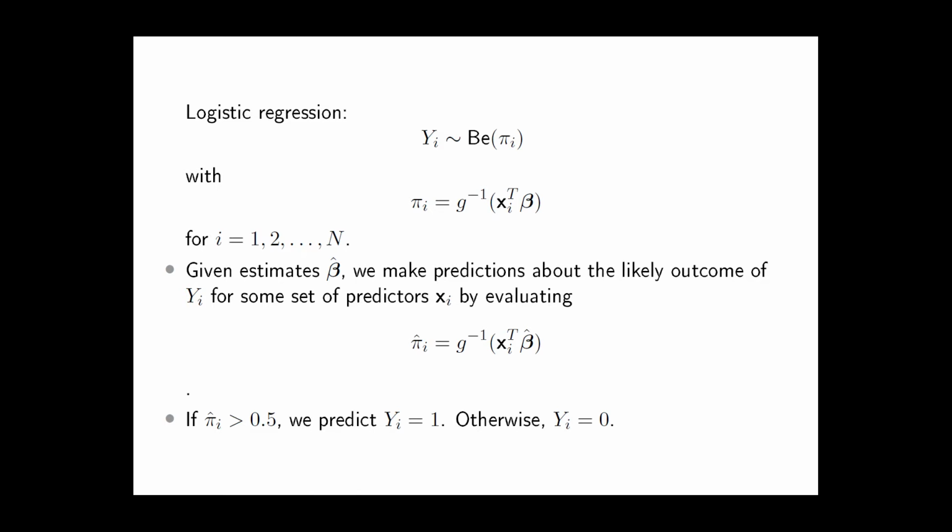Why? Because the response takes on one of two values. And then what we'll do is we'll subsume the linear component under the assumption that the predictors are actually useful for predicting response within the parameter of that distribution. Okay, so that'll be that pi I, which denotes the success probability in the Bernoulli distribution.